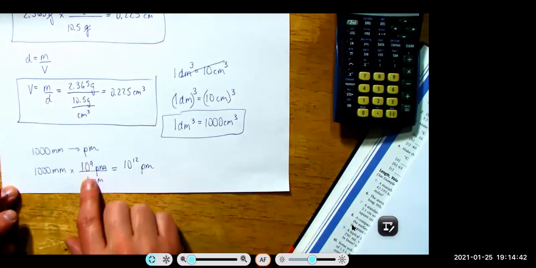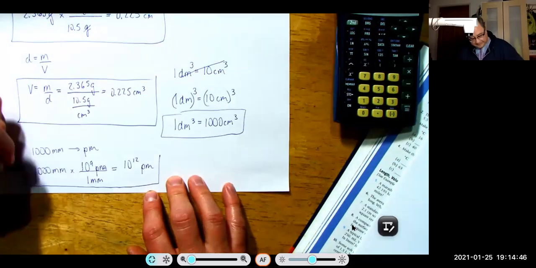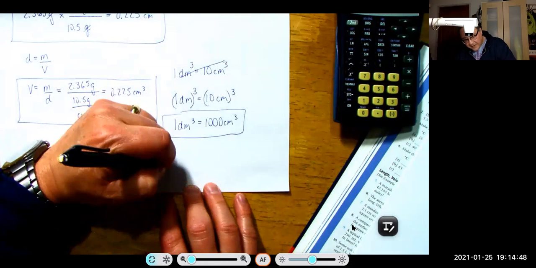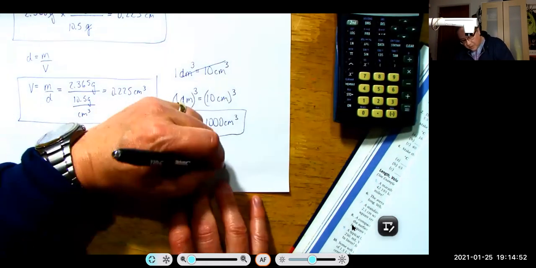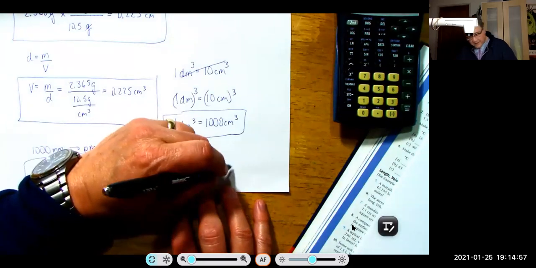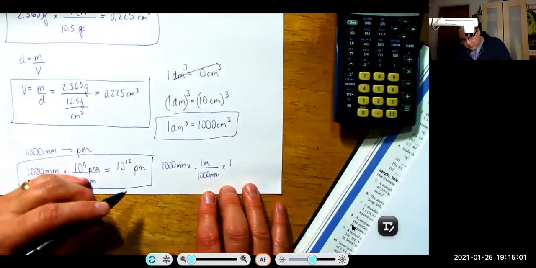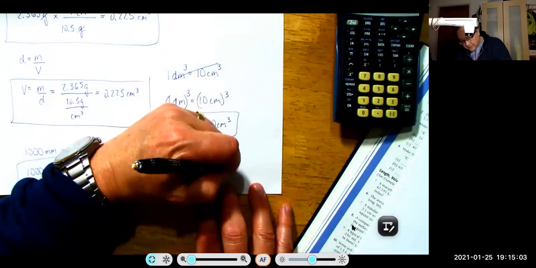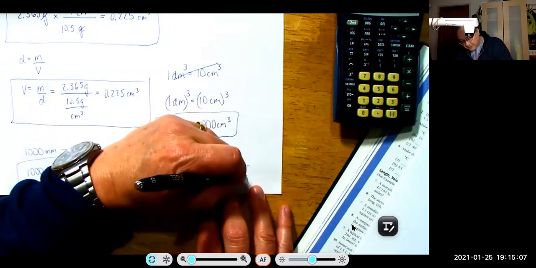Right? Okay, so the way I've been teaching you is this way. You start off with 1,000 millimeters and multiply by 1 meter over 1,000 millimeters. And then the way I would do it is 1 picometer over 1 times 10 to the minus 12 meters.